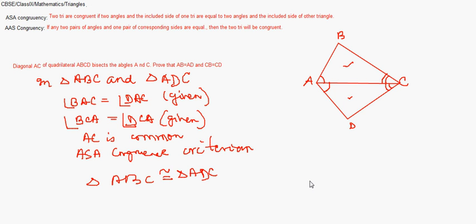When these two are congruent, by CPCT the sides will be equal. So BA will be equal to DA and CB will be equal to CD, by CPCT. Okay. Now we move on to take up a few more questions.